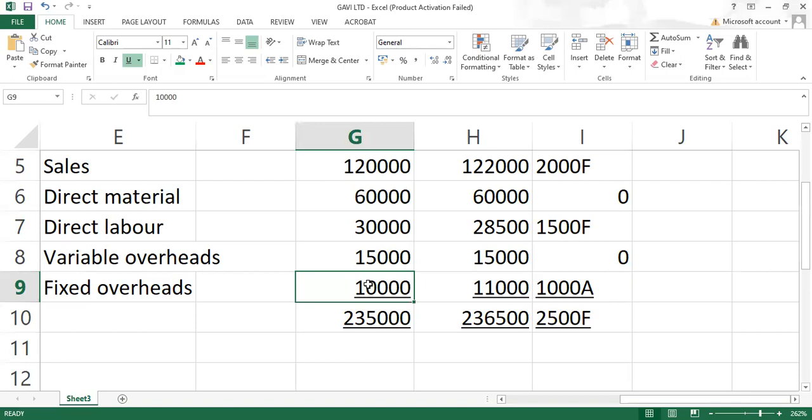You say we don't flex, so the 10,000 we brought from the question, but the 11,000 is the actual one. We don't do anything to the actual. Are you okay? No. You hold on.